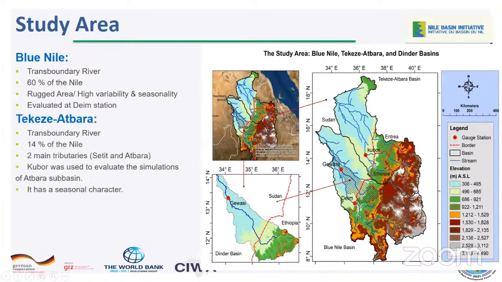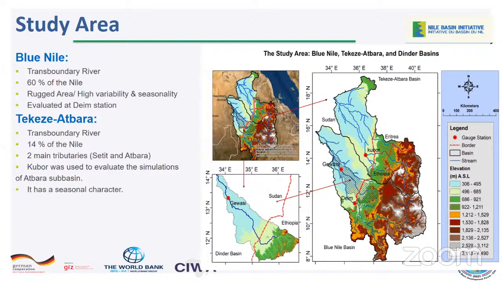The second one is Tekezi Atbara. Tekezi Atbara is also a transboundary river, located in three countries: Ethiopia, Eritrea, and Sudan. It contributes about 40% of the Nile water. In Sudan, it has two main tributaries, the Setit and Atbarawi rivers.